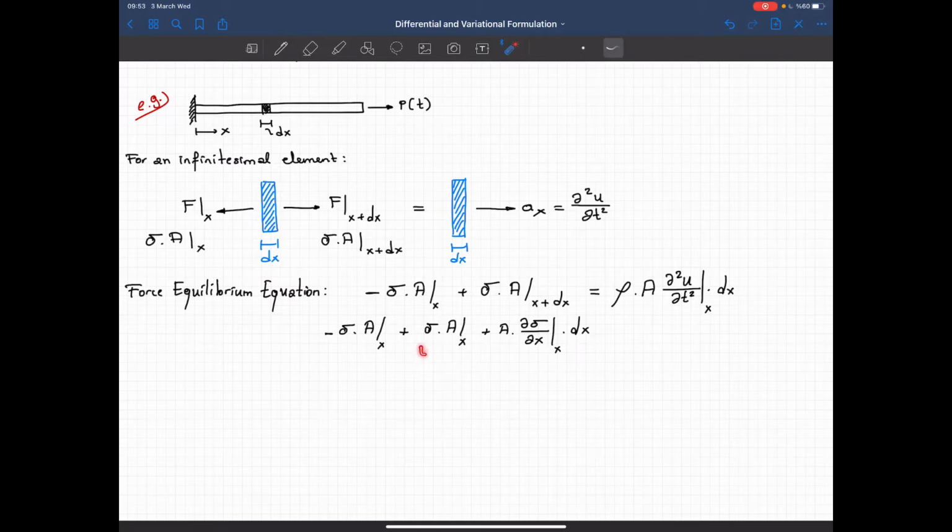So if you add these two, you will get your force at x plus dx, and that should be equal to rho times area times acceleration.